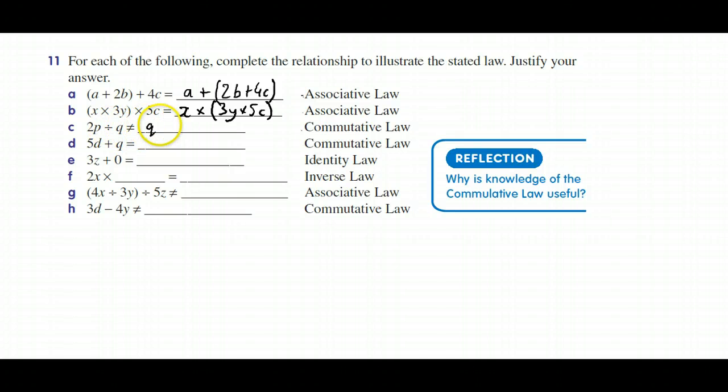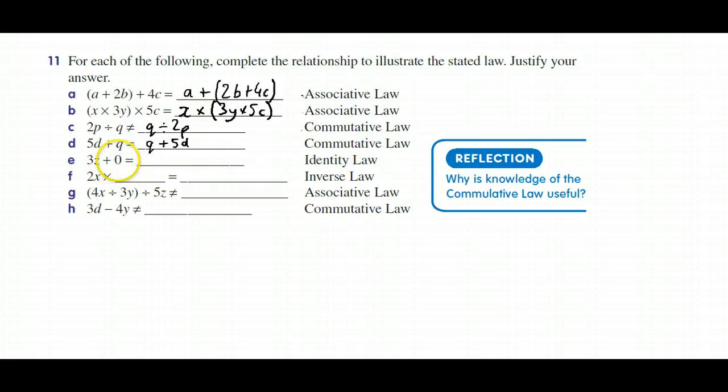So if we put the q first and do q divided by 2p, they will not be equal. At least it can't be equal to what this was. For 5d plus q, for the commutative law, it will be true. Because it's addition, the order doesn't matter. So we can swap them around, put the q first and the 5d second. For addition, it will end up being equal.